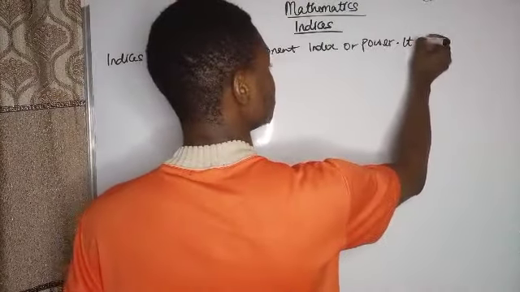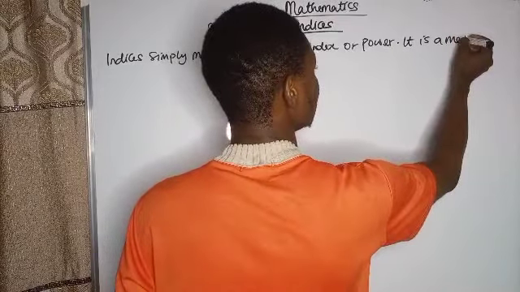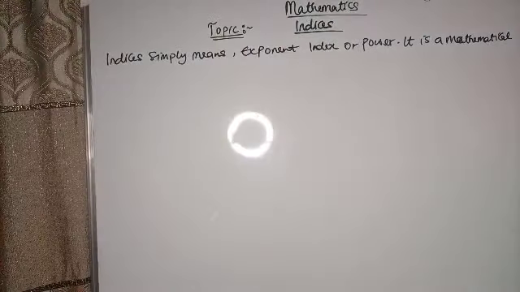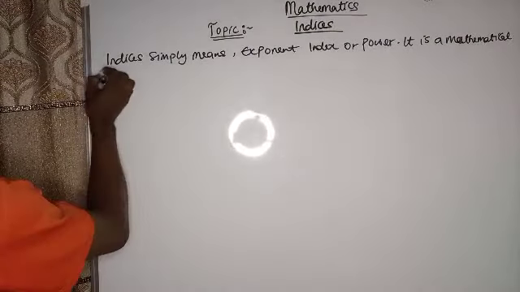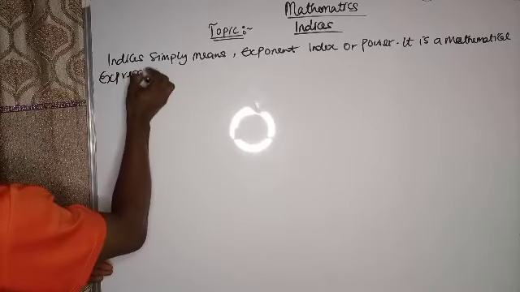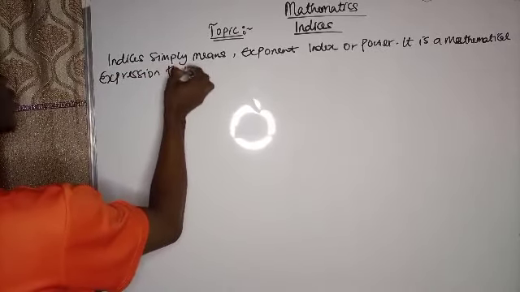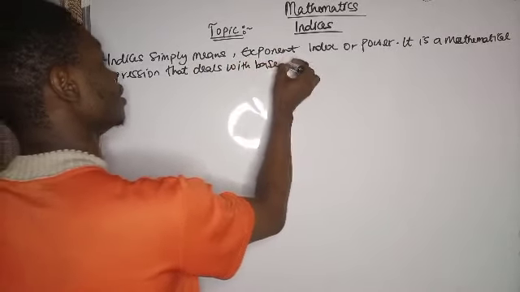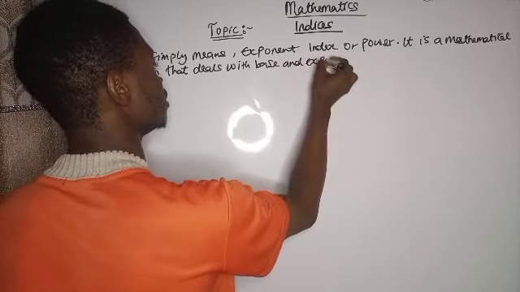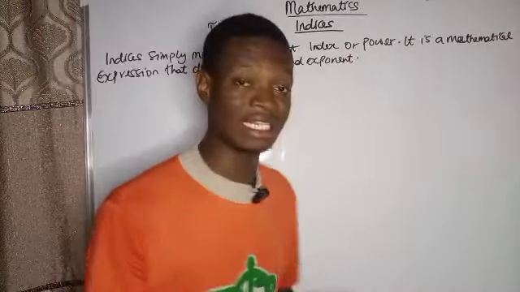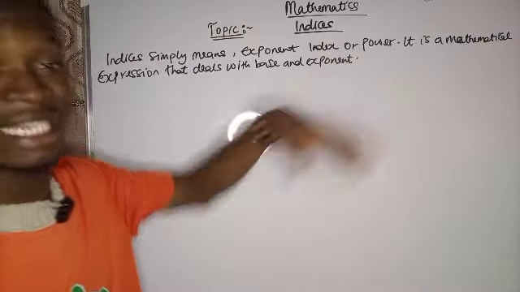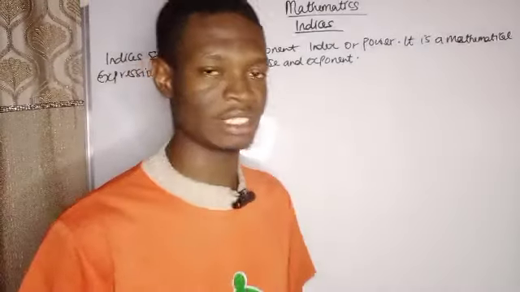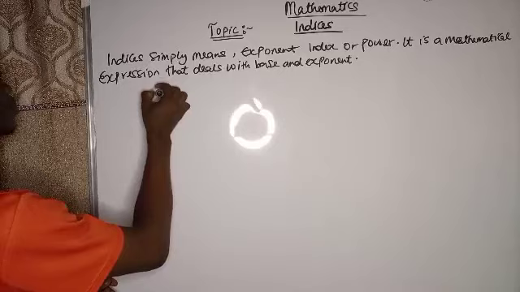It is a mathematical expression that deals with base and exponent. I hope you can see it. Do you understand it now? So indices simply means exponents, index, or power. It is a mathematical expression that deals with base and exponents.